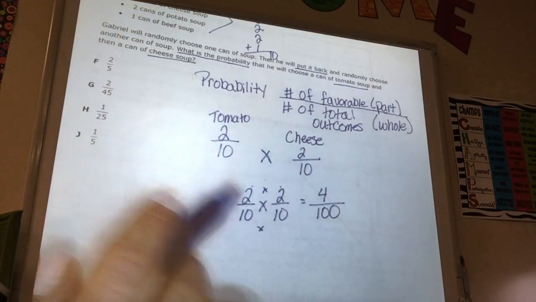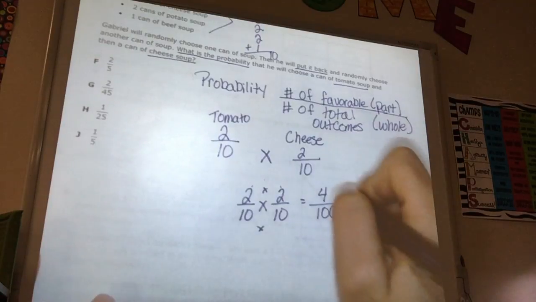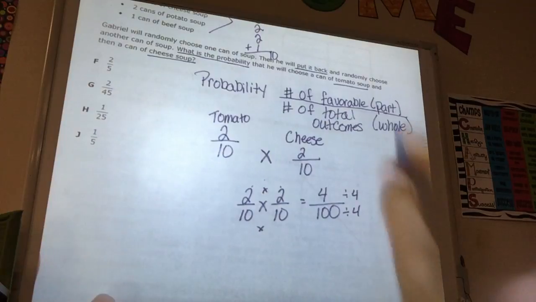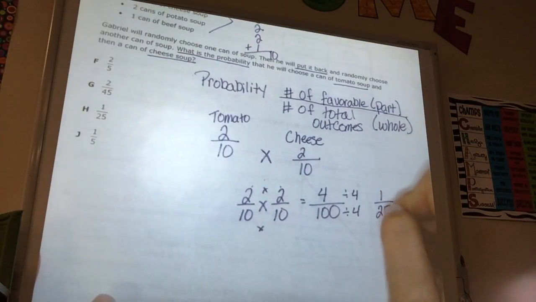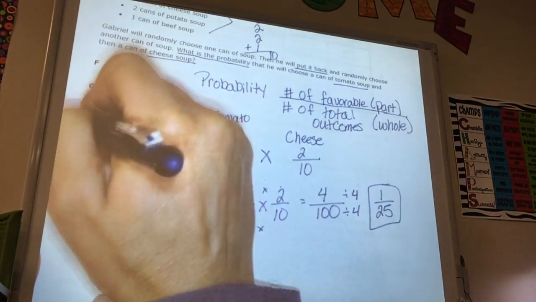We need to simplify to get our answer. So we're going to divide 4 by 4 and 100 by 4. 4 goes into 4 one time. 100 divided by 4 is 25. So your answer should be 1/25.